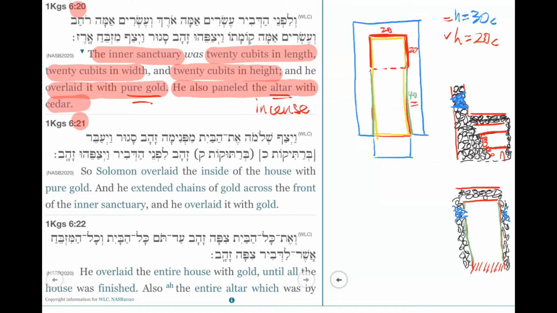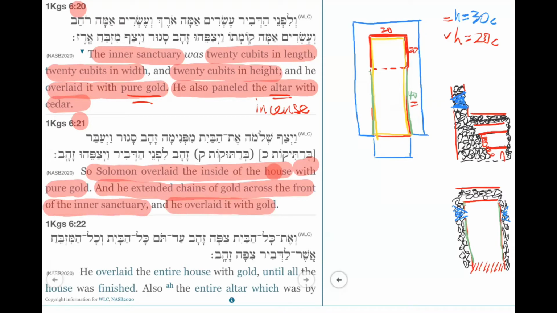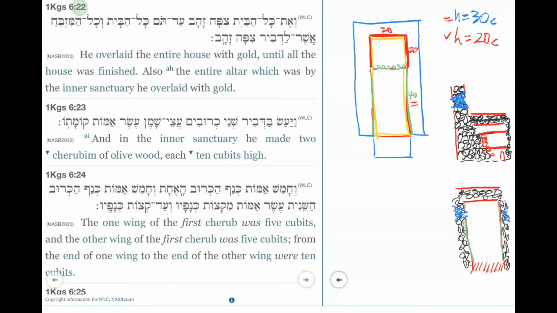And then Solomon overlaid the inside of the house, which is this part here, also with pure gold. And he extended chains of gold across the front of the inner sanctuary, and he overlaid it with gold. And so when we talk about chains, we are likely talking about here. And that's gold.